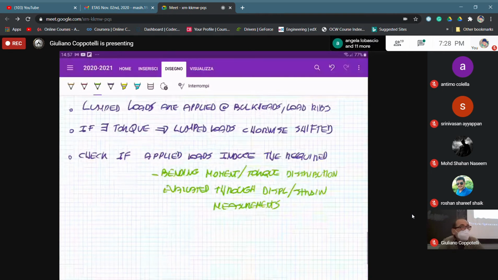So it is not a test that we can do down in the laboratory, both because we don't have such a large laboratory to host a very large structure like an aircraft, and because mainly we don't find industry that are willing to give us for free a whole structure to be broken during our tests.